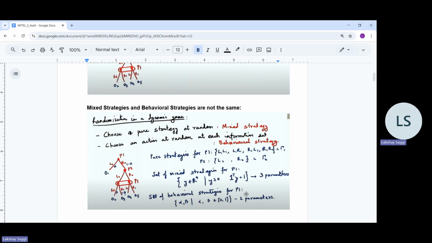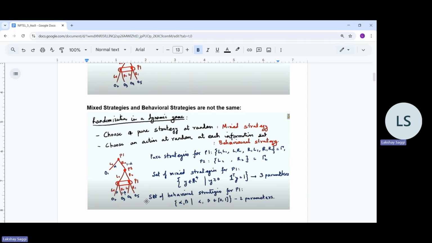Whereas if you think about the set of behavioral strategies for P1, behavioral strategy means that at every information set, you're choosing an action at random. So this is the first information set, and here you can choose two actions, which is playing L1 with probability alpha and R1 with probability 1 minus alpha. In the second information set, you can play L1 or R1 with probability beta and 1 minus beta respectively.